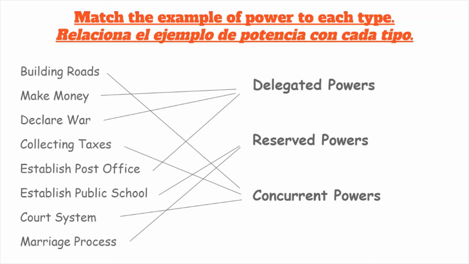These are examples of reserved powers only for the states. And finally, we have building roads, collecting taxes, and the court system. These are concurrent powers. Both the central and state governments can do these things.